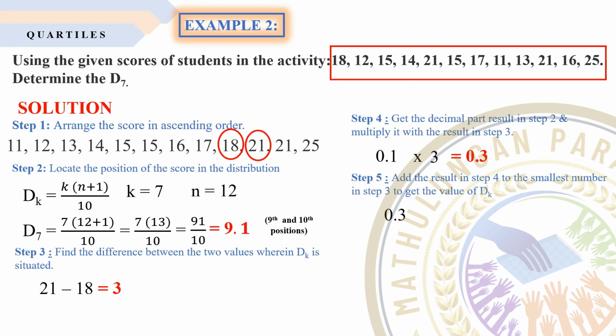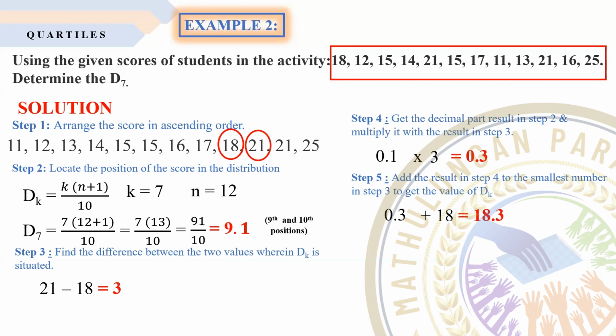Remember, there are two numbers which is the 9th position and the 10th position, yung ating 18 and 21. So, ang mababang number, i-add natin which is 18. So, 0.3 plus 18 is equal to 18.3. So, therefore, ang value ng ating 7th decile is 18.3.